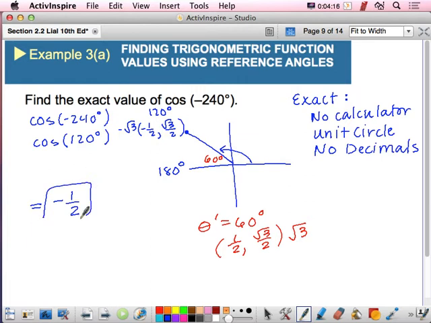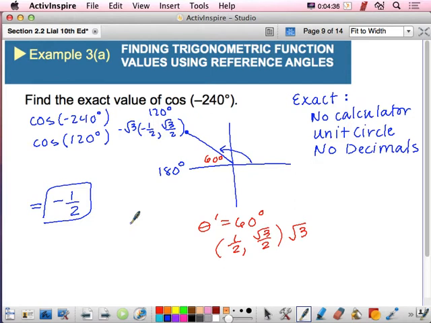All right, one more time from the top. We took the negative 240, we added 360 to it, and we brought it up to 120 degrees, which landed in quadrant 2. We found the reference angle, which was 60 degrees. And we know from our 60-degree point that the cosine value is 1/2, right? But we're not in quadrant 1 anymore, we're in quadrant 2.